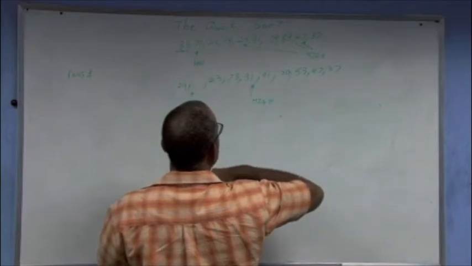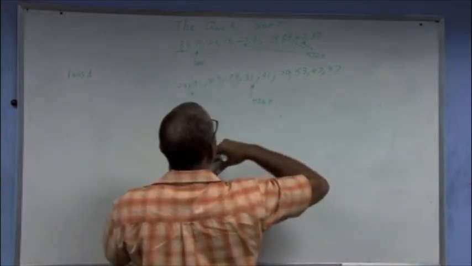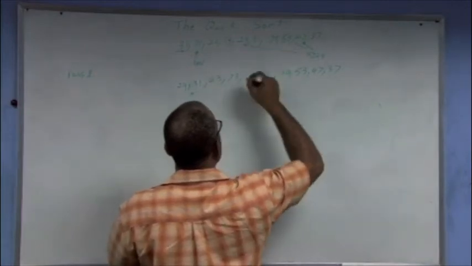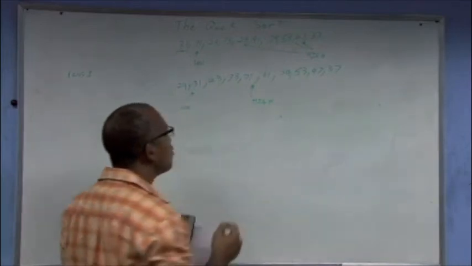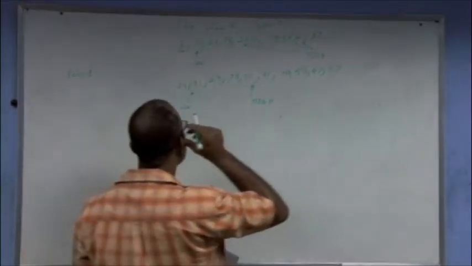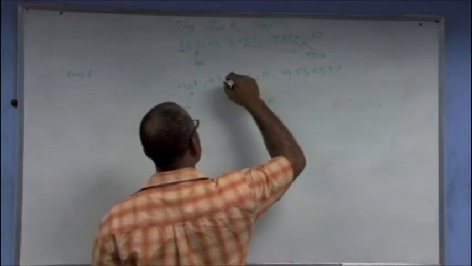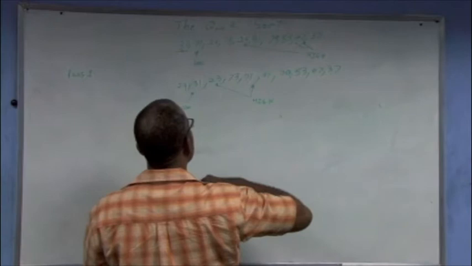So move 31 here, 71 there. Then we keep on moving high down to find if there's anything that's smaller than the partition element. So high moves past that, reaches 23. When it reaches there, it does a swap.